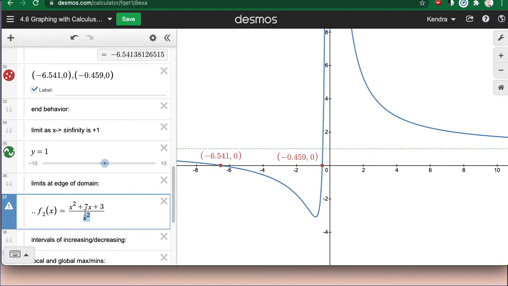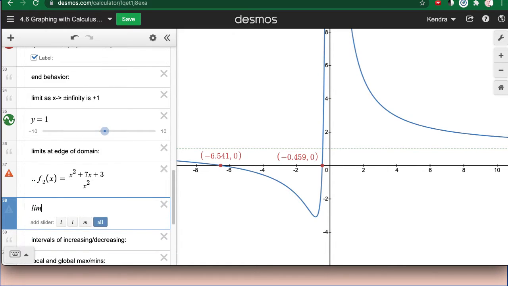So for values of x close to 0, this looks like a number that is close to 3 divided by a teensy-weensy number. If you take 3 divided by a teensy-weensy number and make that number teensier and weensier, that quotient is going to explode to positive infinity.